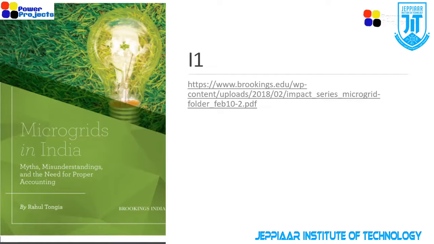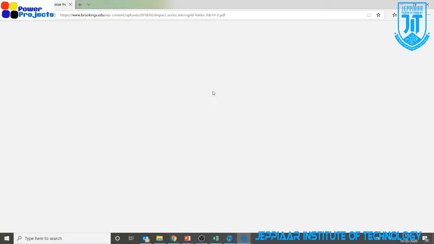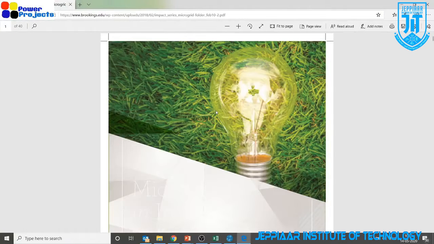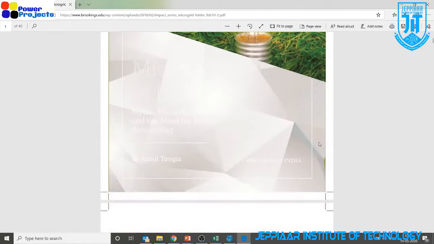This is information if you want to really know about microgrids in India specifically. We have been talking about microgrids for the past at least 3-4 years in India, but nothing has moved as we expected. This book came out long back, but it really touches on this. It's by an eminent author, Rahul Tongia: Microgrids in India: Myths and Misunderstanding and the Need of Proper Accounting.